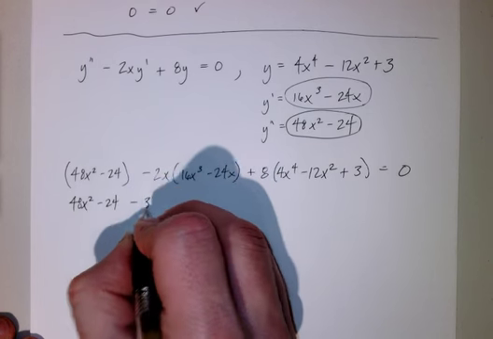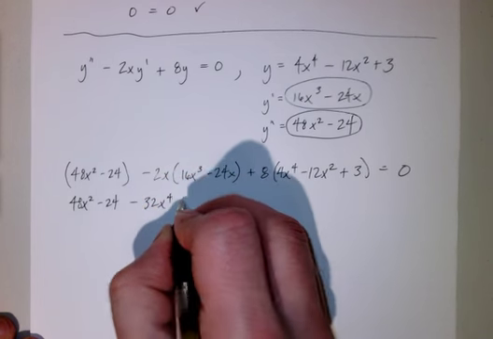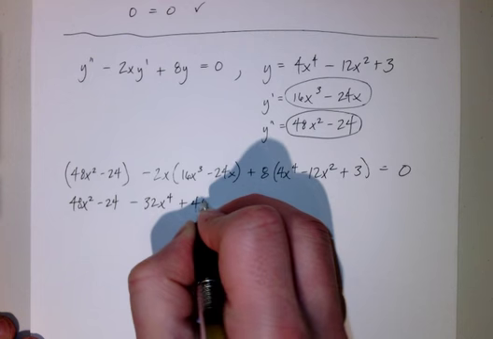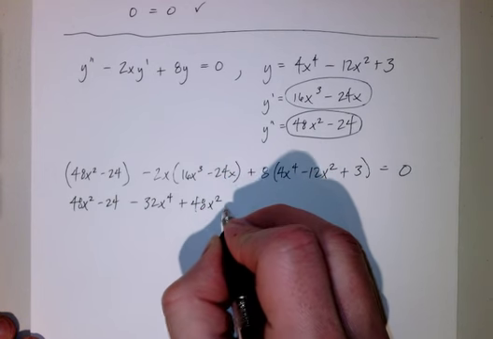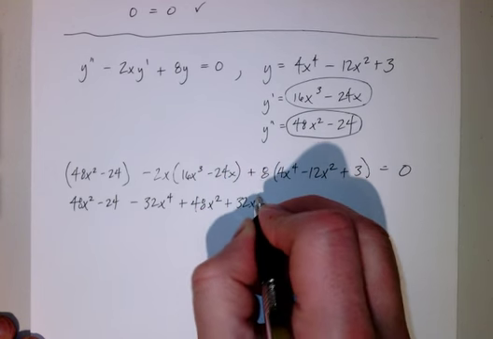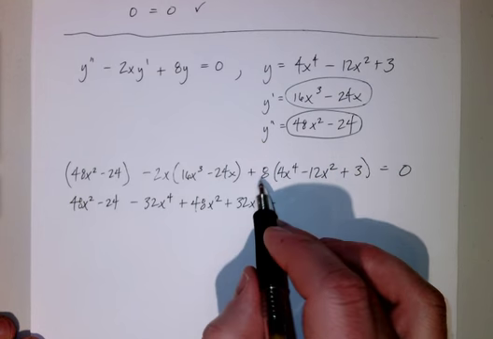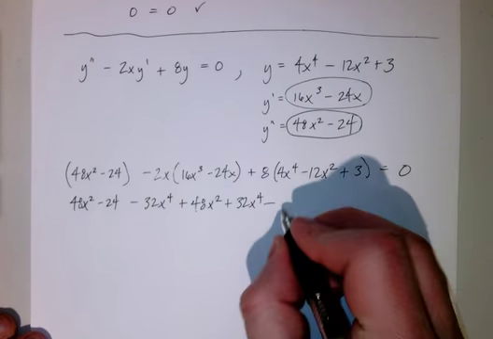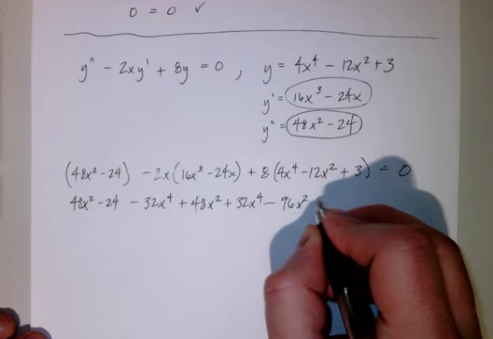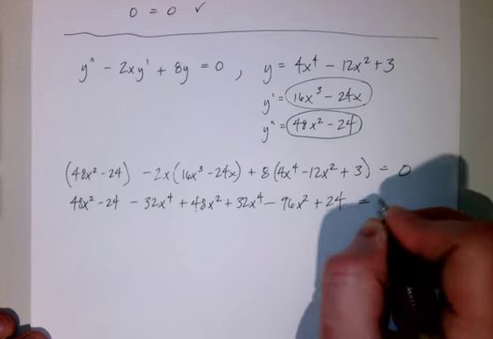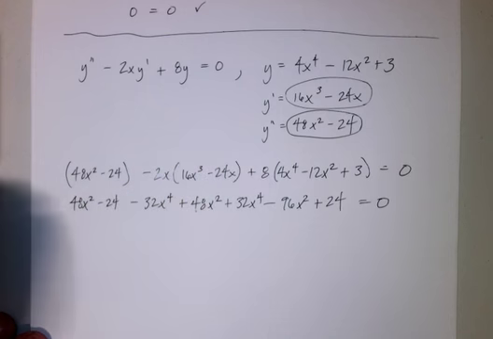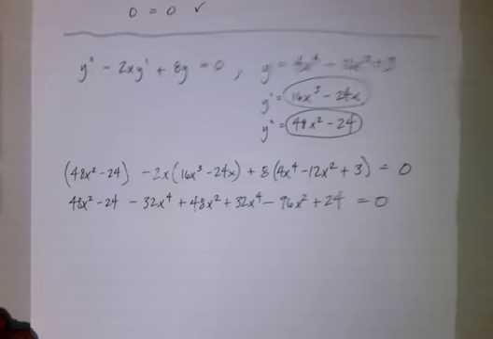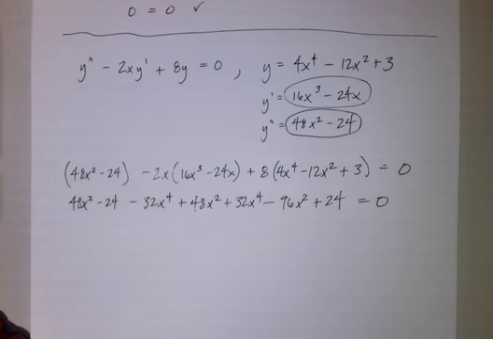That's going to be minus 32x to the fourth plus 48x squared plus 32x to the fourth minus, and of course 8 times 12 is, that's right, 96x squared plus 24. Whew. Okay, now if they all cancel out, we're good, okay?